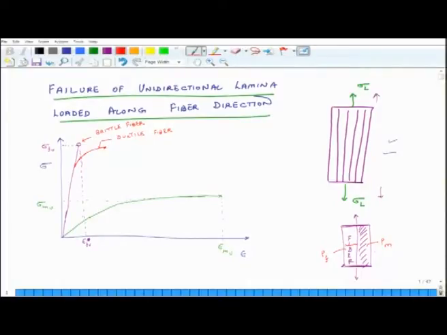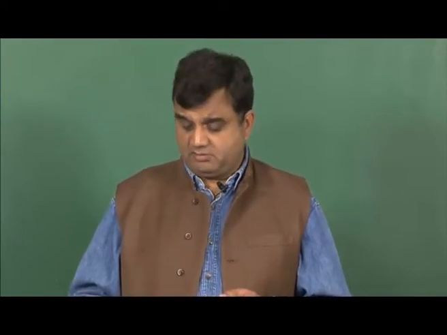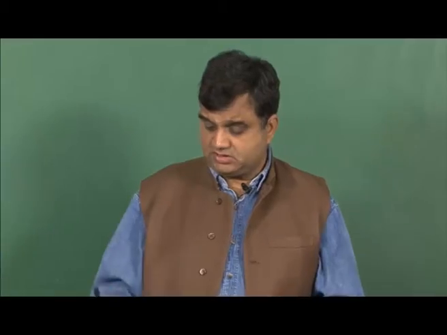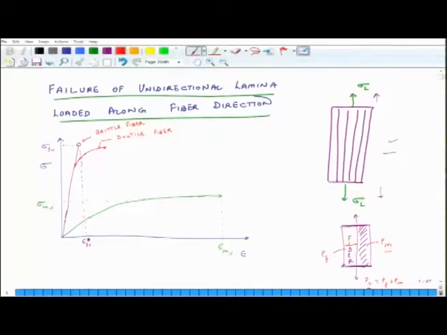If I add these two things together, then P composite is equal to Pf plus Pm, right. Initially, as I keep on pulling it, there is a load in the fiber and a load in the matrix material, and the sum of these loads is equal to the load in the composite Pc.